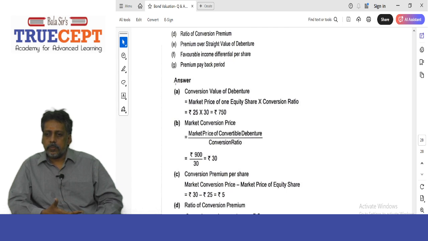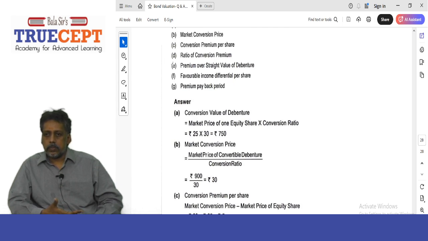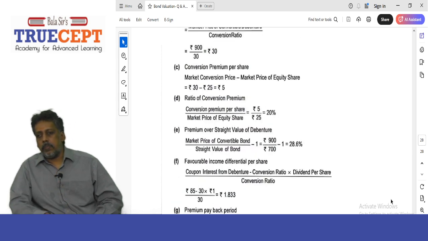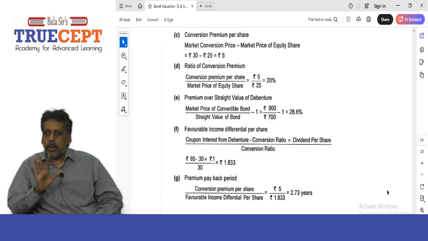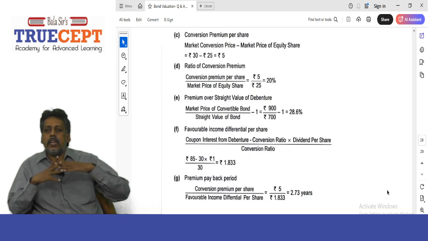Question number E. Premium over straight value of debenture. So when asked to calculate the premium over the straight value of the debenture, very, very simple. We know the straight value of the bond is how much? 700. What is the meaning of straight value? Let's understand.